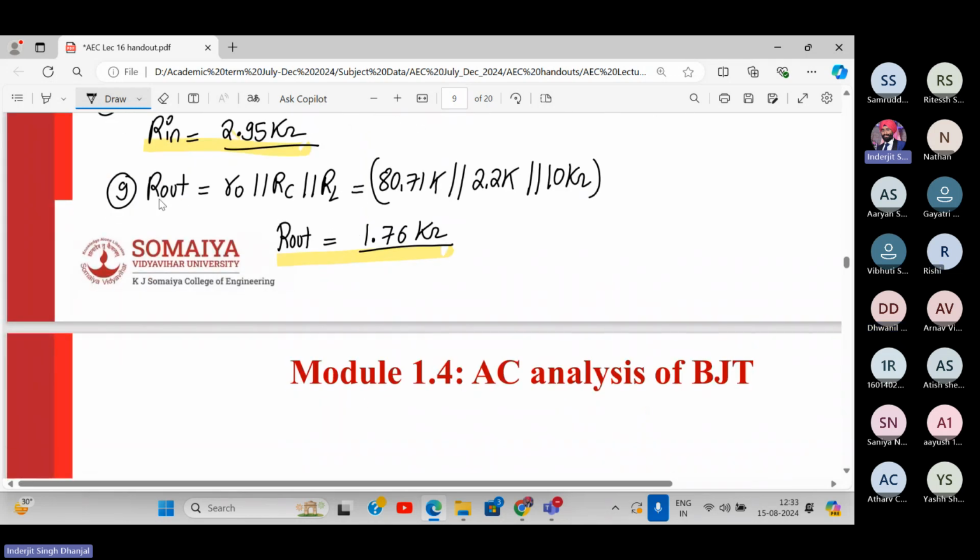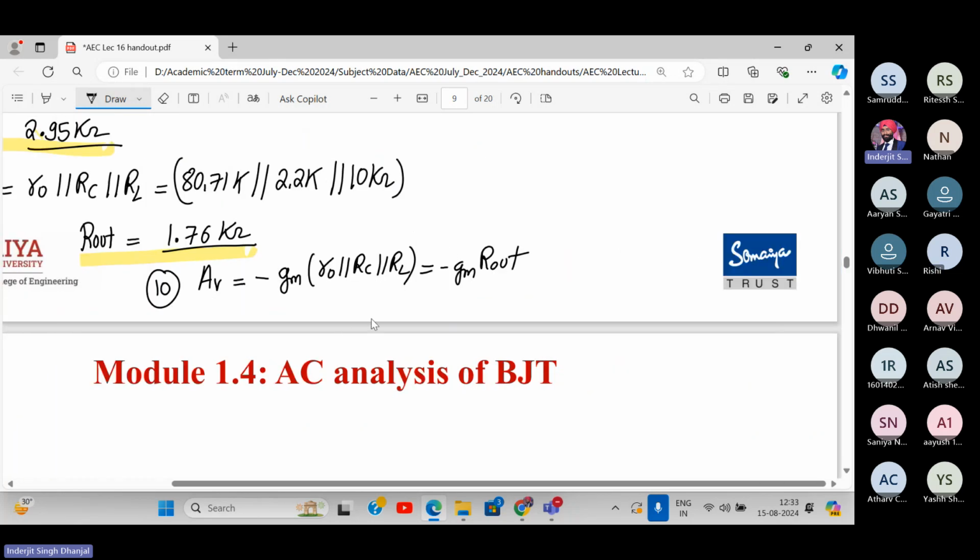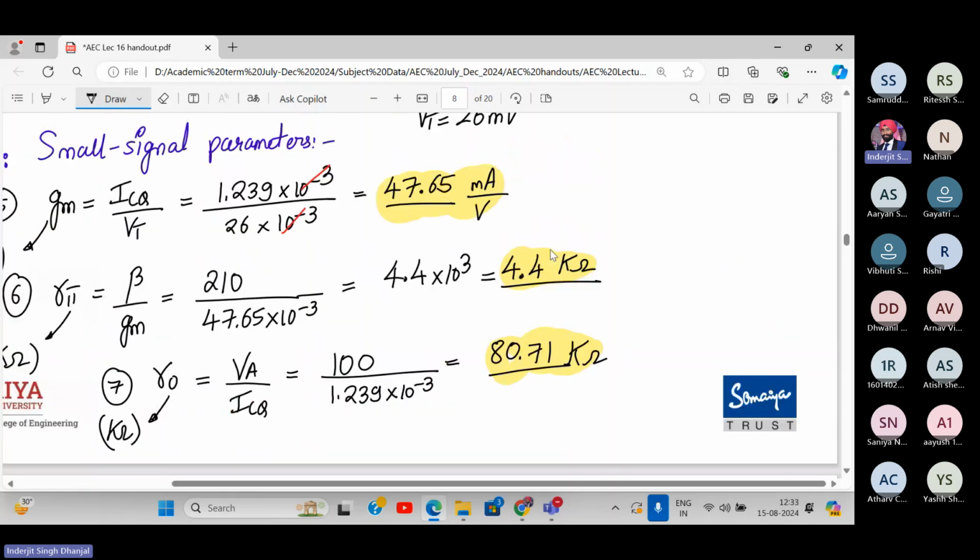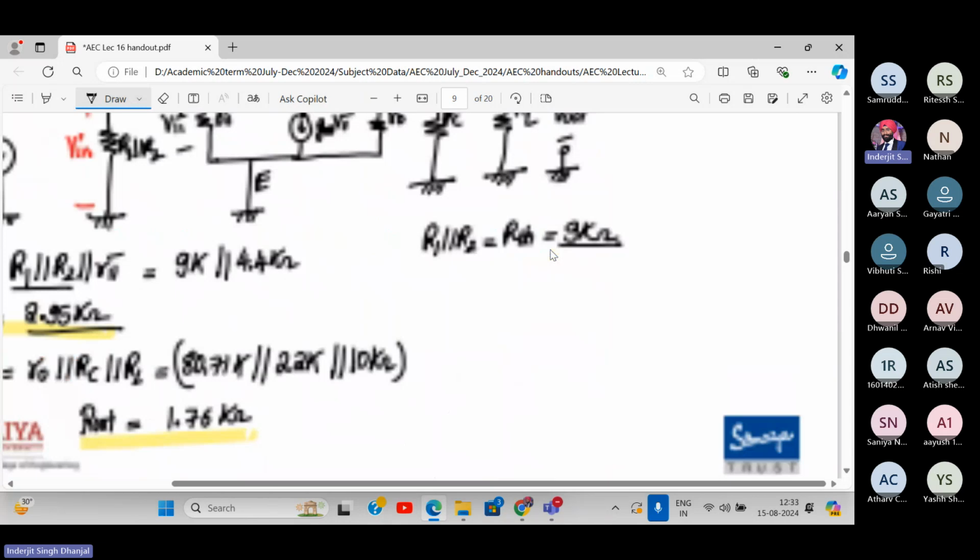Okay. The next step will be step number 10, AV. What is the formula? Minus gm into RO parallel to RC parallel to RL. Is it not minus gm into R out only? R out we have just now calculated. That's why I told you to calculate it last. How much is gm? 47.65.